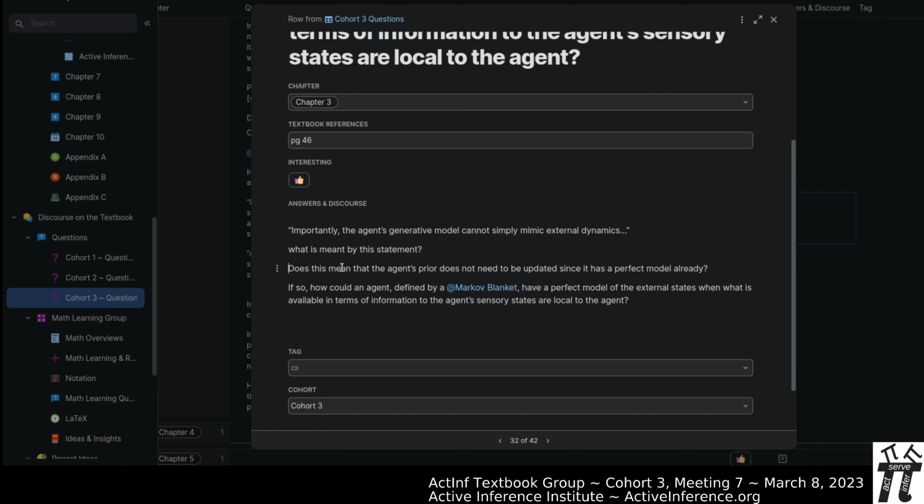There are other aspects to this, but basically the agent's generative model doesn't have to be the exact structure of the external world. Temperature in the world could be a continuous variable, and the agent's generative model could just be too hot, too cold, or just right. So it doesn't need to mimic the structure of the external world, but there has to be some semantic resemblance.